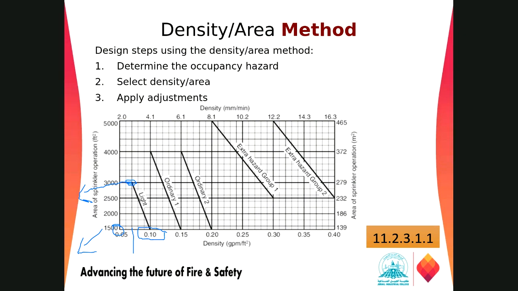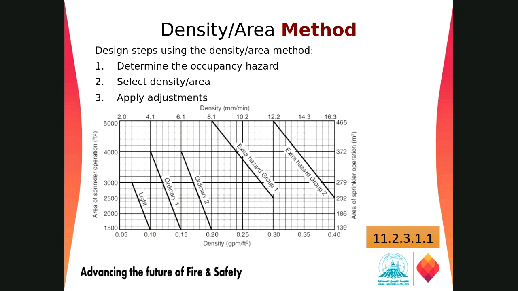Normally, no one is going into more detail regarding this adjustment. They just use the minimum 1500 and they do the calculation. But NFPA gives some requirement. If you want to use that one, you can use. But most of the time, I have seen a person going 1500 into 0.1 for the light hazard occupancies, and they are not caring about the high temperature sprinklers, or about the quick response sprinklers.